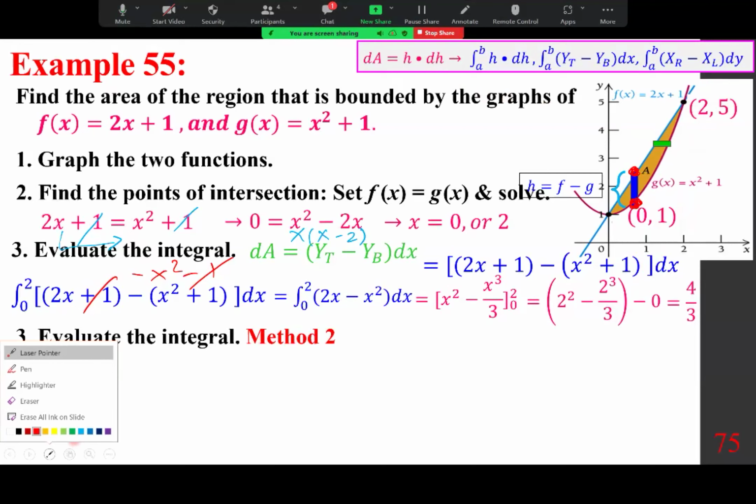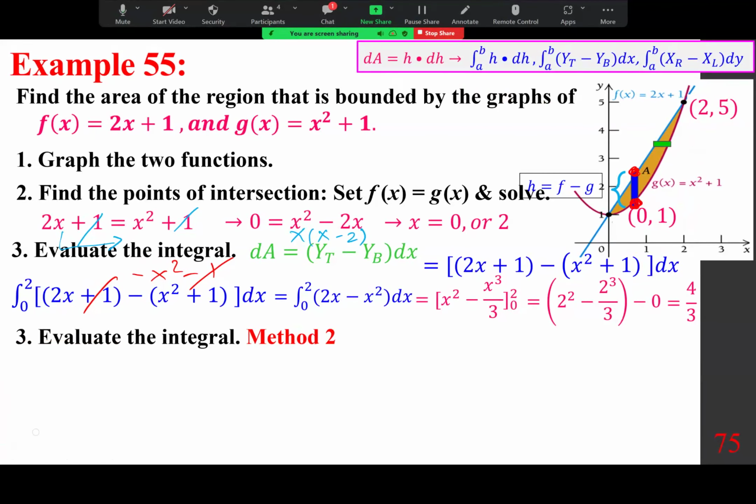And h is, let me see, what color do I want to use? Again, let me use red. It's x of the right minus x of the left. X of the right comes from the curve, x of the left comes from the line.